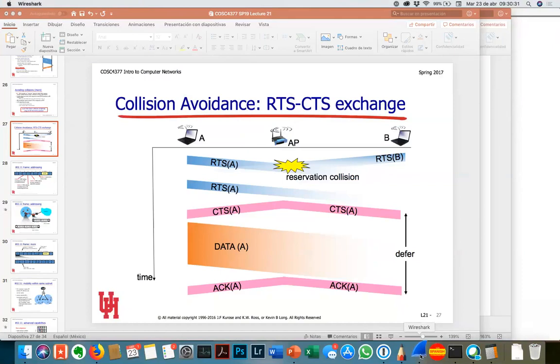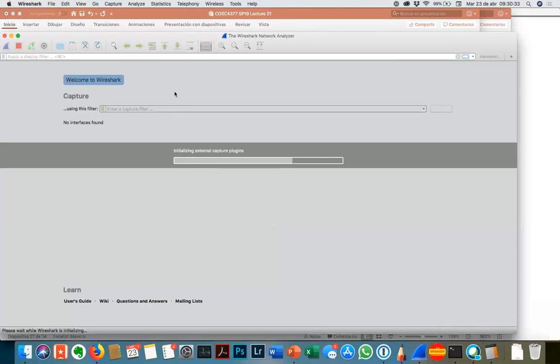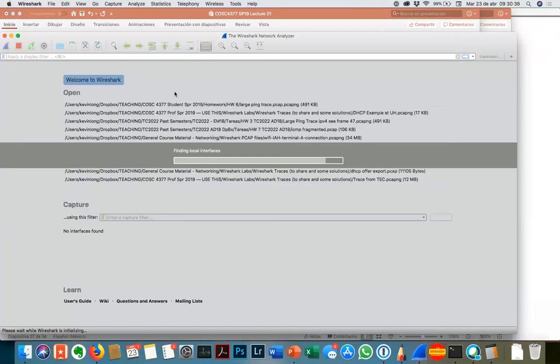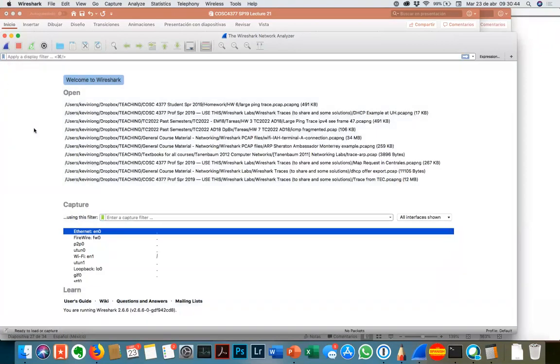So once you get the clear to send, here's the deal. Everyone can hear the teacher call on the student. Everyone can hear the access point give permission to A to broadcast. So even though B could never hear A, B can hear the access point give permission to A to talk. And so B knows to be quiet.